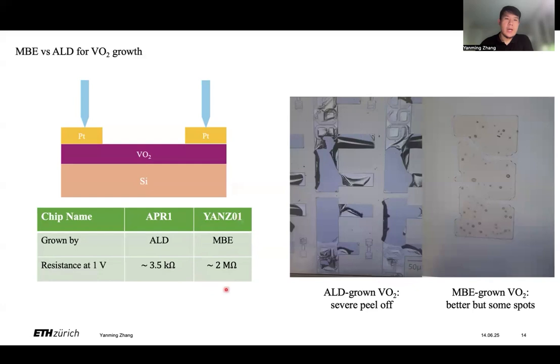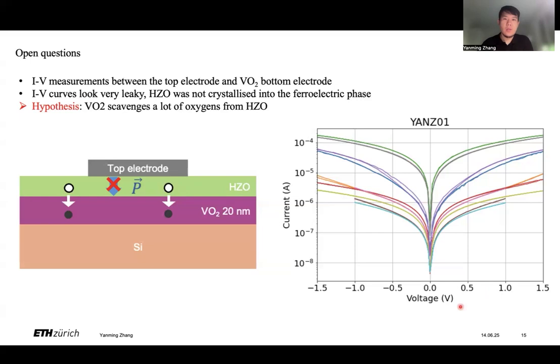As you can see, the MBE-grown VO2 is much more resistive and close to the reported value for VO2 thin films. It is also more robust during the microfabrication stage and survived after liftoff. The ALD-grown ones are far less resistive, probably because of some organic or proton residuals, and we also encountered some fabrication issues during processing. So we decided to proceed with the MBE VO2.